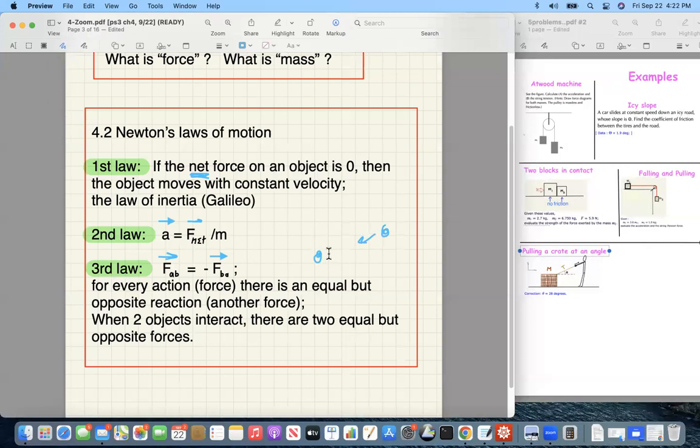And the Earth is pulled towards the moon by gravity. So when the Earth and the moon interact gravitationally through the gravitational field, there are two forces. There's a force on the moon, there's a force on the Earth, and these have equal strength, but opposite directions.